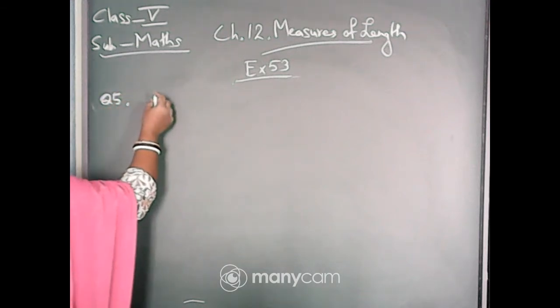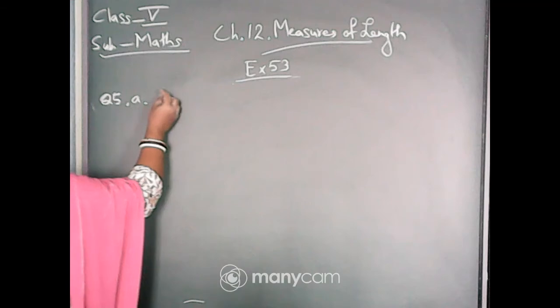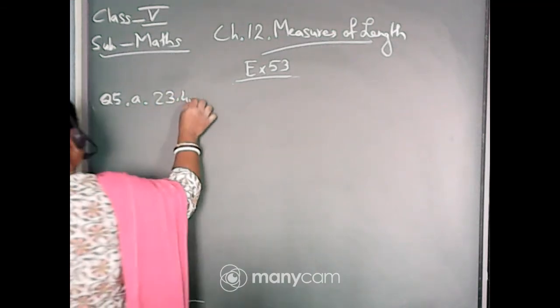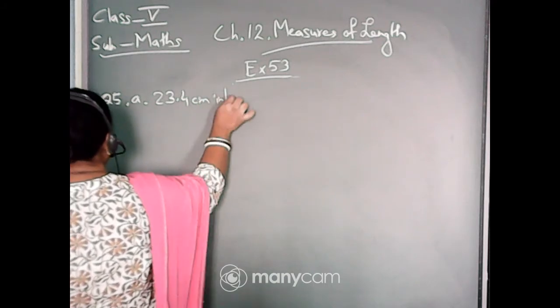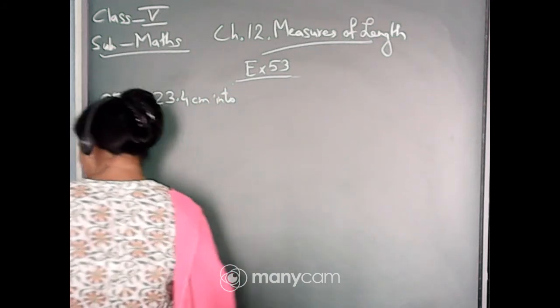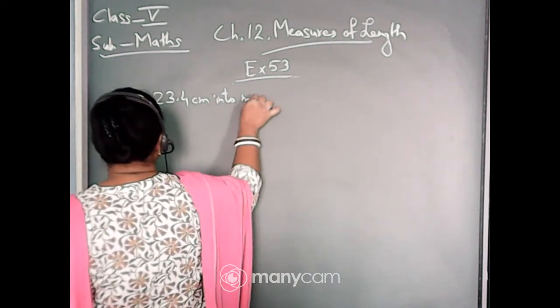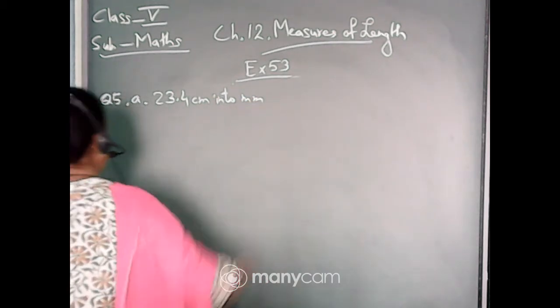Question number 5A. It is given 23.4 centimeter into millimeter. You have to convert from centimeter to millimeter, just one unit after.